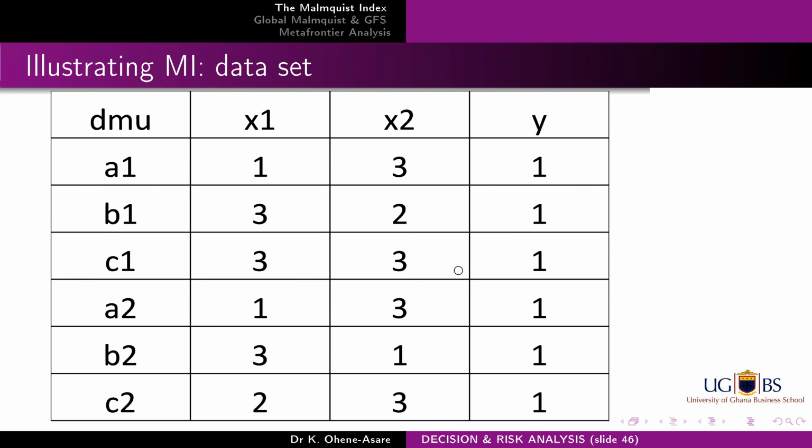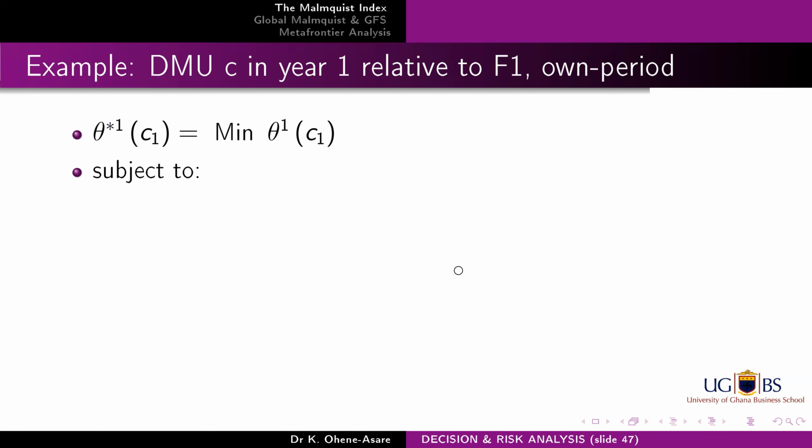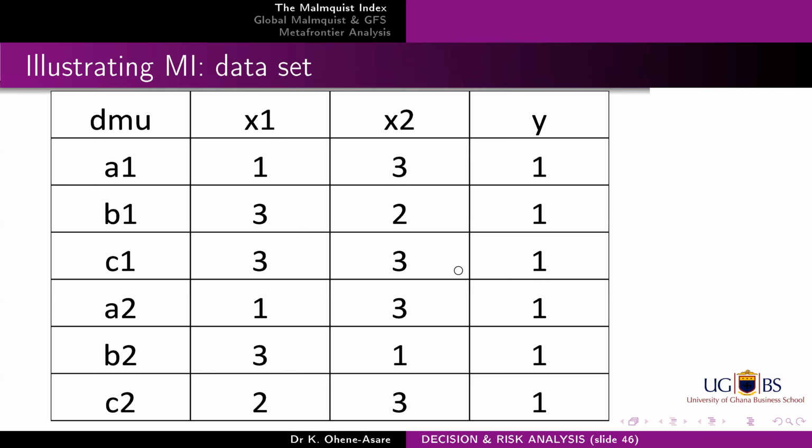So you have the observations here. What I'm going to do is I'm going to do it for firm C or C1. Firm C in year 1, that one there. We are going to formulate the input-oriented efficiency score for firm C in year 1, input-oriented.